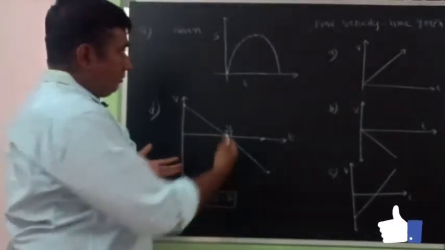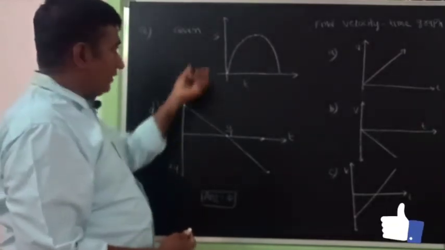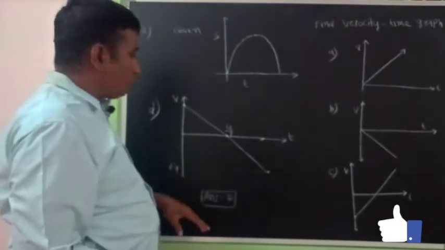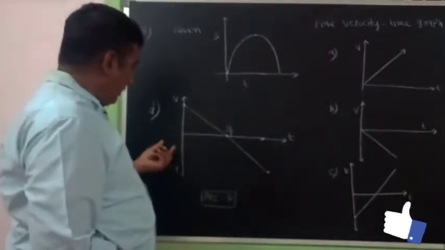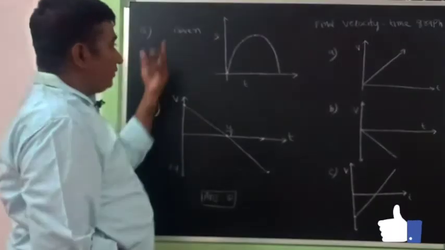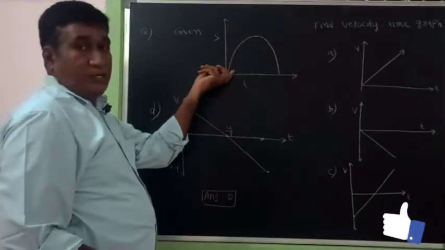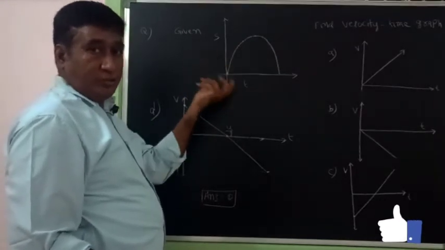So we have studied both the cases, but you should analyze what they have given here. If the same question is twisted, and they give a velocity-time graph, then find the distance-time graph, the answer will be like this, which we are going to get.